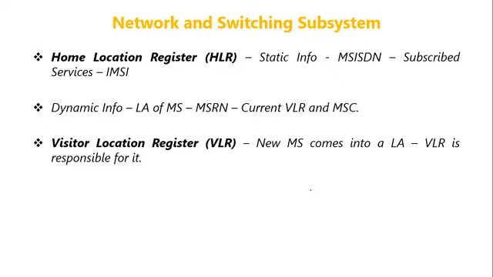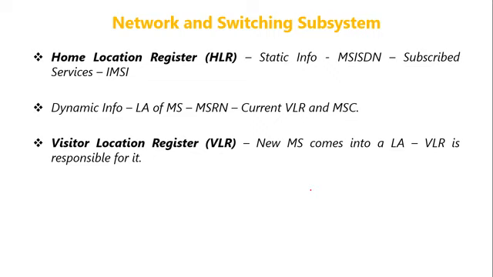VLR is basically a dynamic database which stores all important information needed for the MS users, that is mobile station users. It stores all the important information that is required for mobile station users.